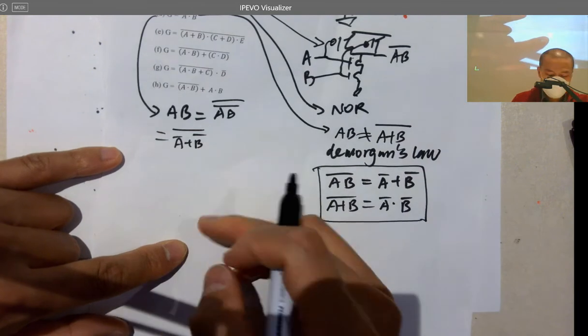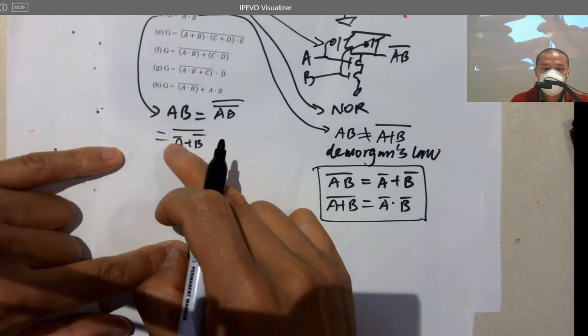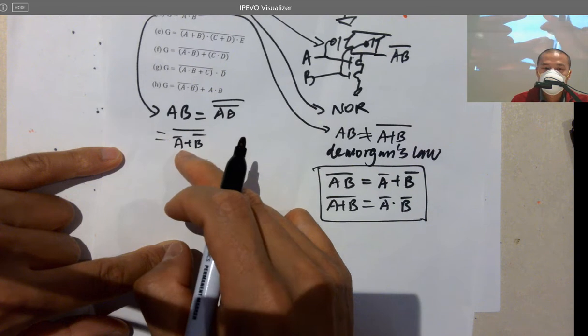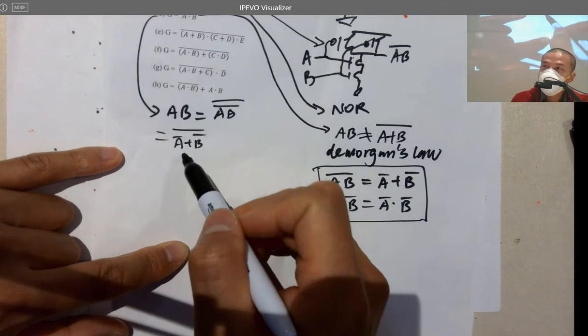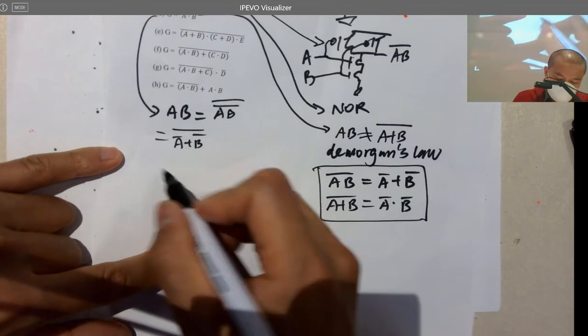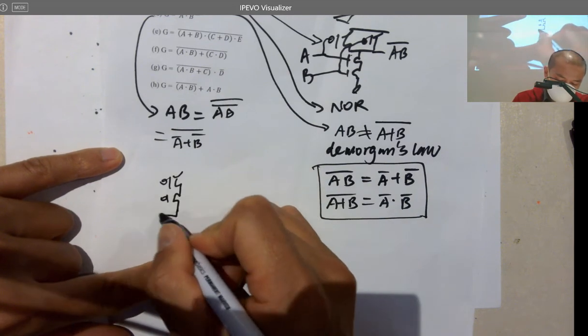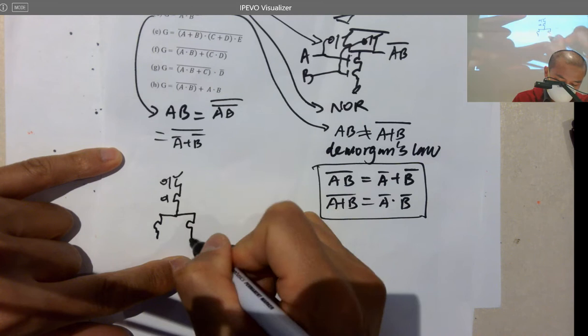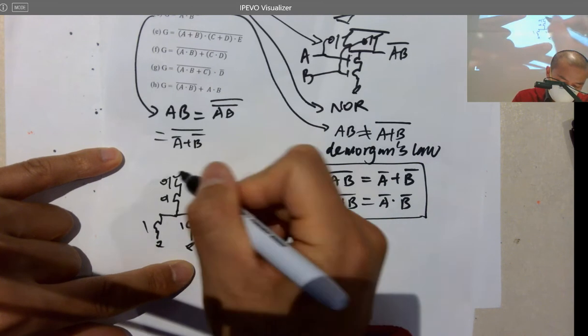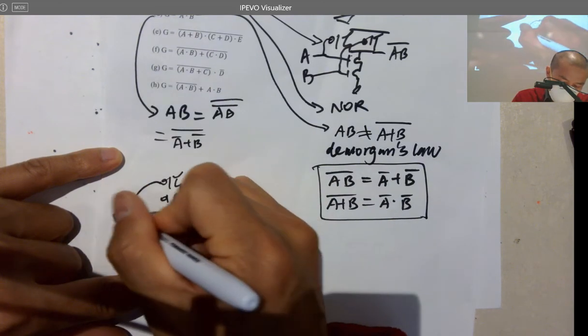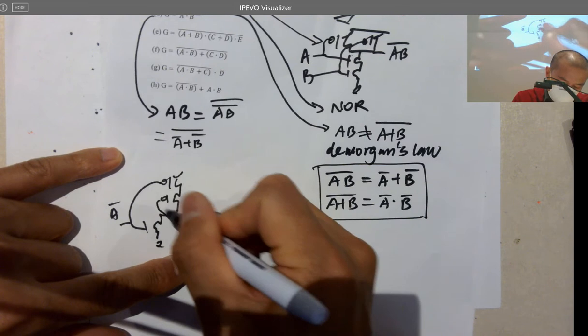If you use a NOR gate, which is fine, but you have to label the signals correctly. If you want to do it this way, it's going to be a NOR gate, but the signals are changed. So that will be A naught, B naught.